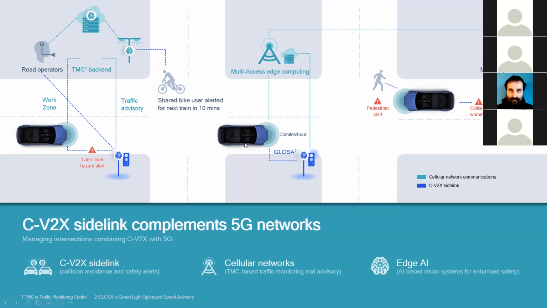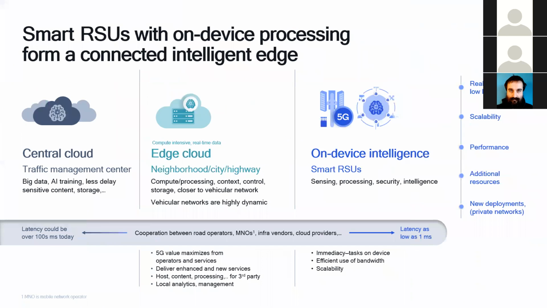What is maybe not so visible on this screen is this little brain in the RSU, which we call the Edge AI. This is another vision of Qualcomm: that every connected device will be very intelligent. In this case, the RSU will be equipped with an AI and machine learning capable processor that allows processing that nowadays is done in the central cloud to be moved to the edge cloud, a bit closer to the user, right where the users are.